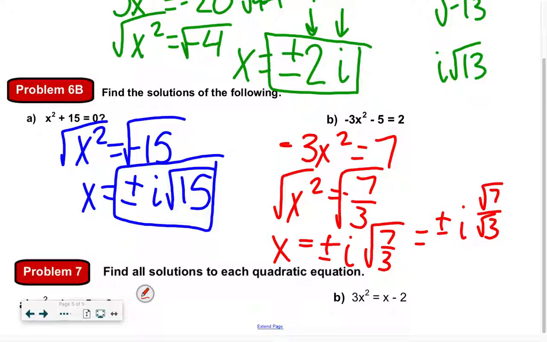So we're going to multiply top and bottom by the square root of 3. So I still have plus or minus i. The top part, what is square root of 7 times square root of 3? Square root of 21. What happens down here with square root of 3 times square root of 3? Just 3.